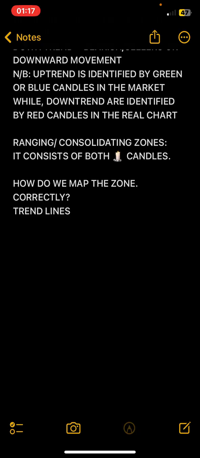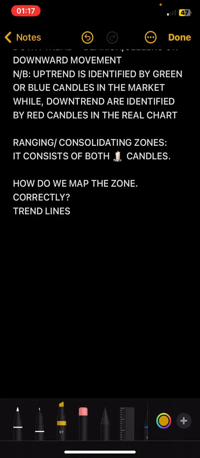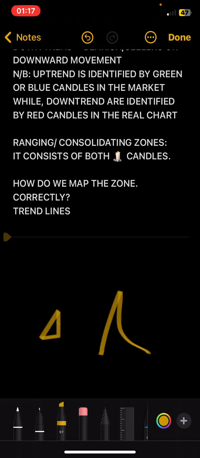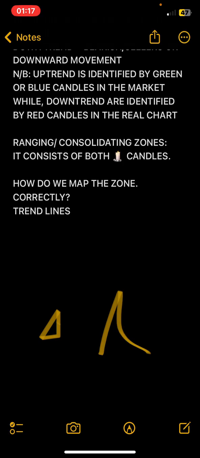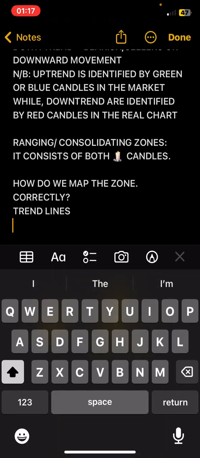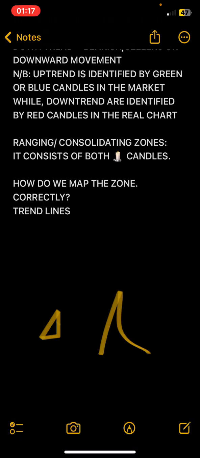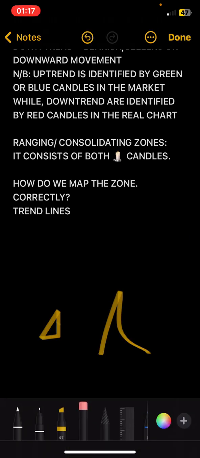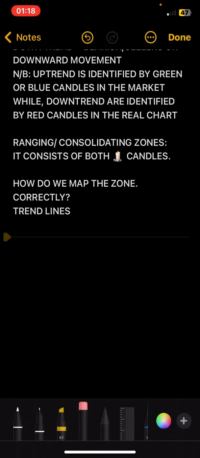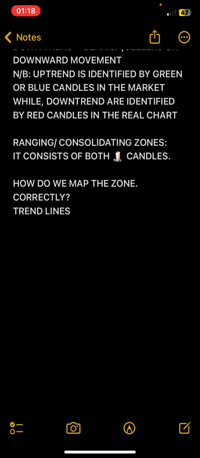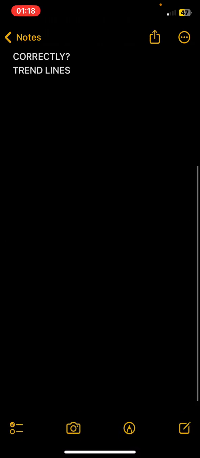Okay, let me make some drawings for you. All right, here we go. So now, how do we identify this using trend lines?